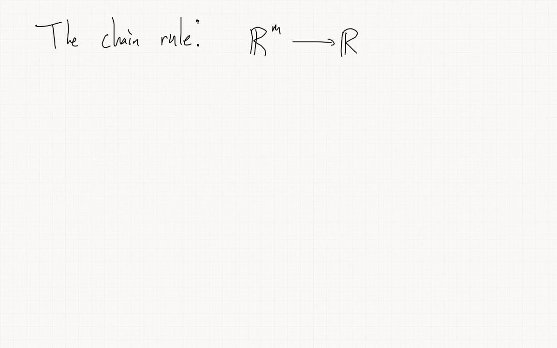Basically, the chain rule in general, so I'll state it just very generally and then give some examples to demystify it. So let's say we have a function f from R^m to R^n, which, as we've seen, consists of really a bunch of functions f1(x1 through xm) down to fn(x1 through xm).